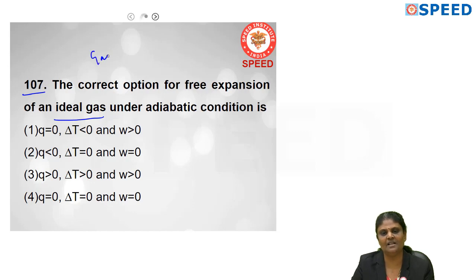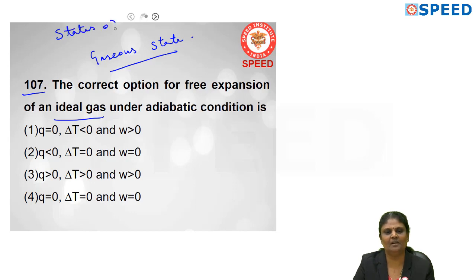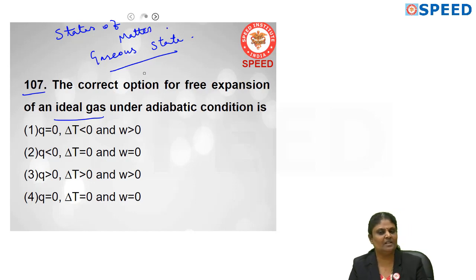Now the next question: the correct option for free expansion of an ideal gas under adiabatic condition. This is from the gaseous state, the states of matter chapter in the 11th standard portion. We studied two states of matter in this chapter, liquids and the gaseous state.